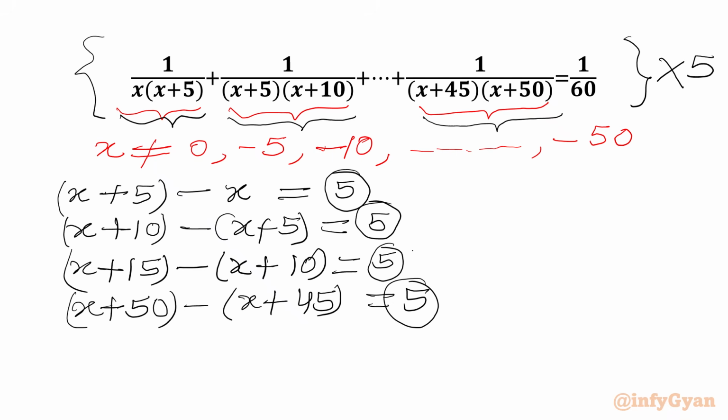So 5 will get multiplied with the numerators 1 and it will be 5 everywhere.